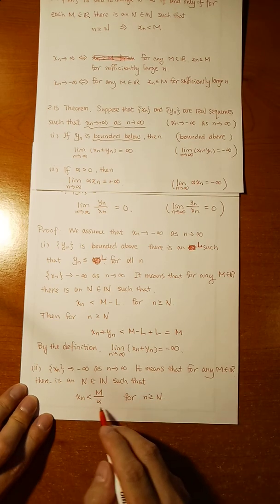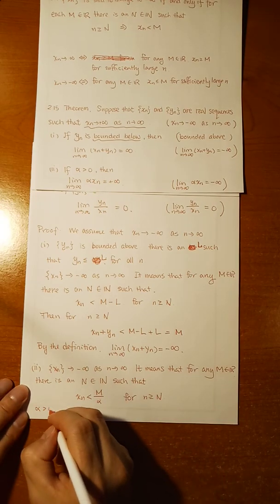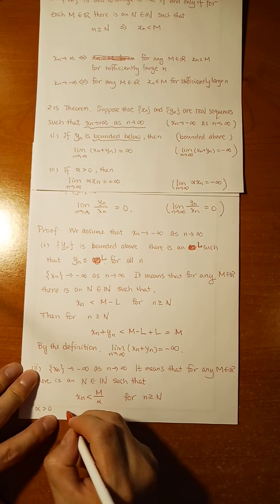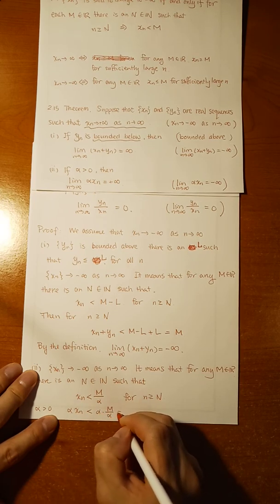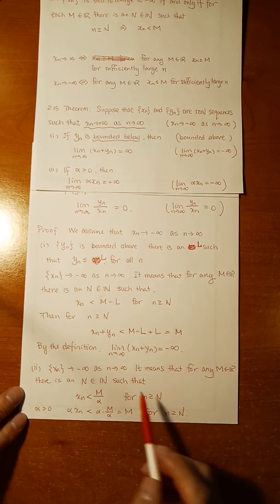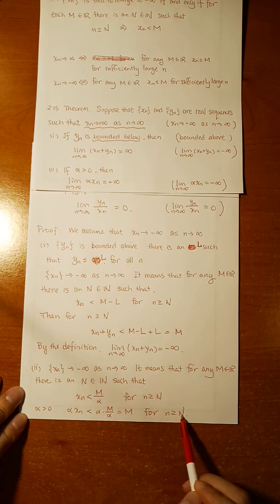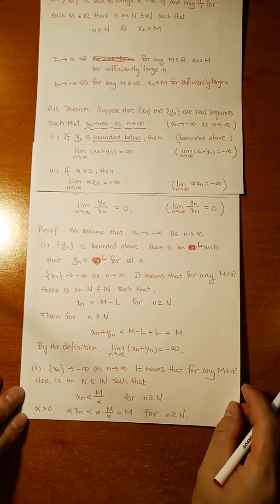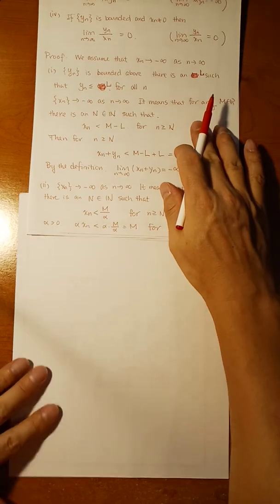Now alpha is positive. We apply the multiplication by alpha on two sides. So alpha xn is less than alpha times M over alpha, which is M, for n greater than or equal to capital N. So for any M, there is a capital N such that for n greater than capital N, alpha xn is less than M. See, that's exactly the definition of a divergence to negative infinity.